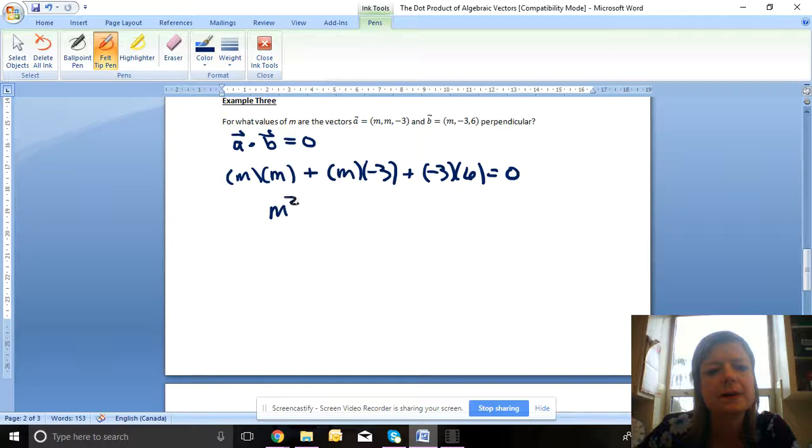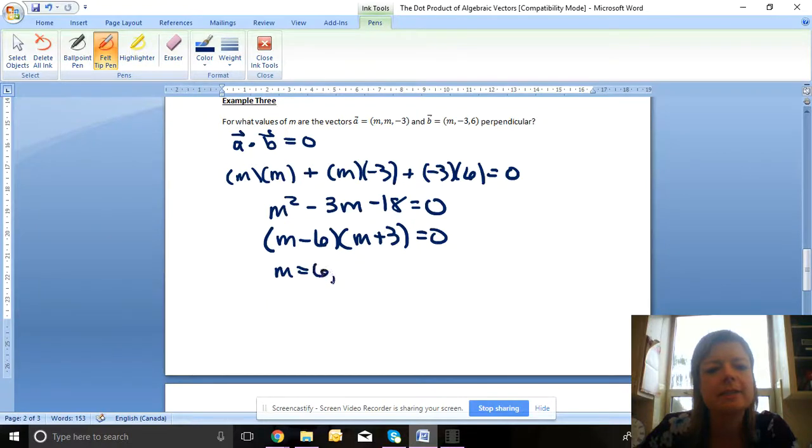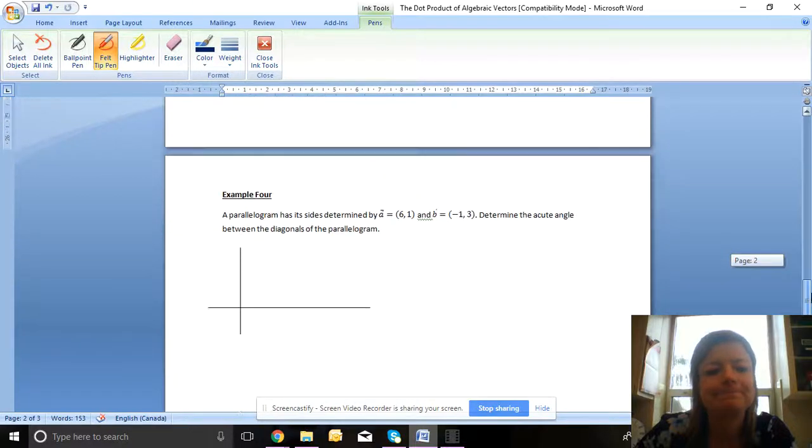So this just gives us m squared minus 3m minus 18 equals 0, which is factorable to (m minus 6)(m plus 3). So you get m equals 6 or -3. Okay, so either one of these values would make these two vectors perpendicular. If you couldn't factor here, you could also use the quadratic formula.